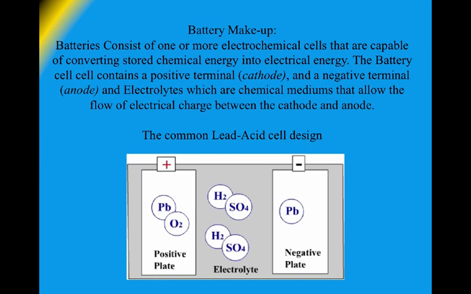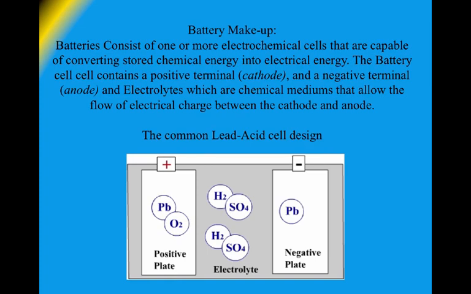The battery cell contains both a positive terminal, which is called the cathode, and a negative terminal, which is called an anode. And between them are electrolytes, which are chemical mediums that allow the flow of electrical charge between the positive cathode and the negative anode.